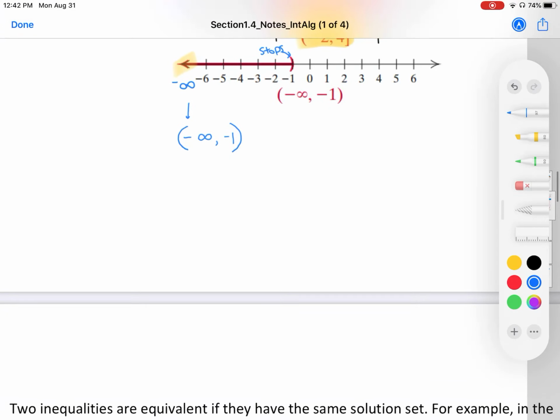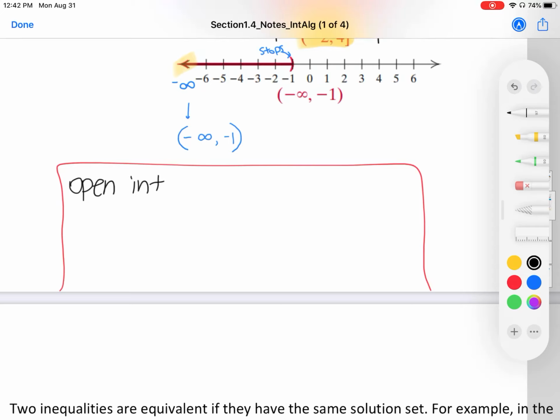Okay, let's add to our little chart about open and closed intervals. For open intervals, we talked about that that's when I have a less than or greater than without an equal to. When we graph, we can use an open circle, or we can also use a parenthesis, like we will see in our interval notation.